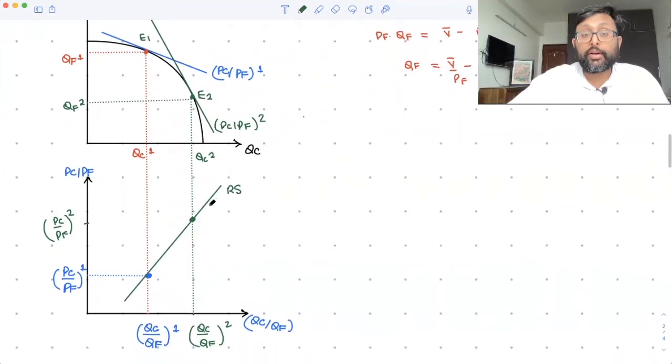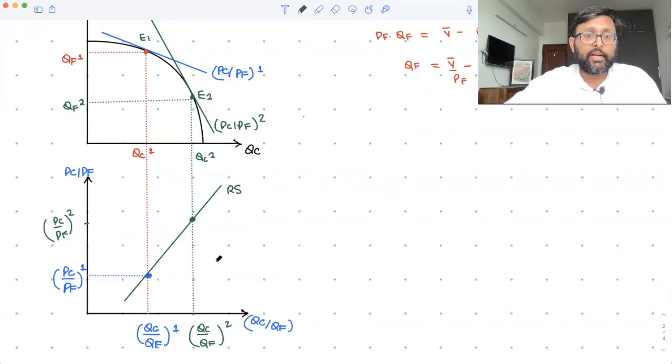So, not relative supply curve, this is the relative quantity of the cloth, QC by QF. This is the relative price of the cloth, right? So the relative supply of cloth will rise as the relative price of cloth rises. Fair enough.